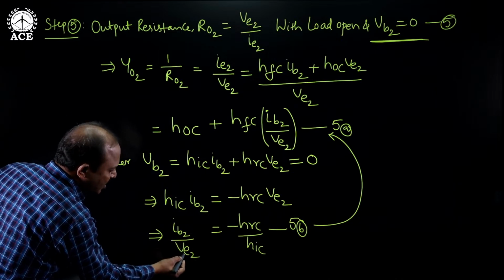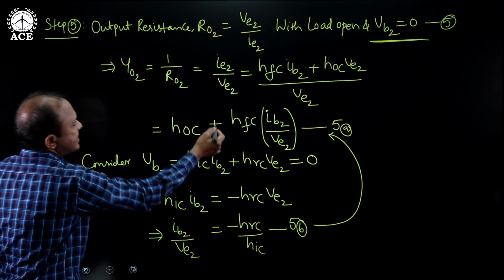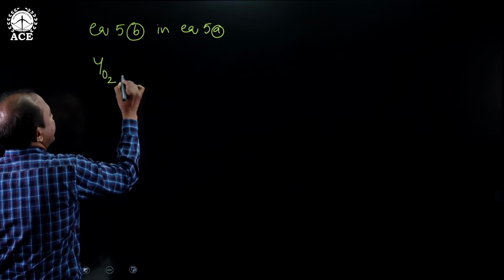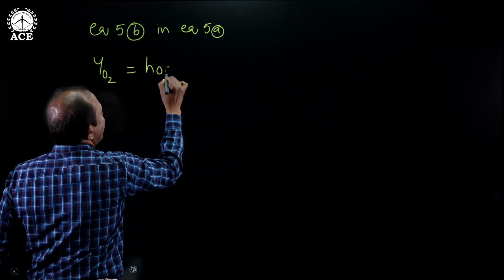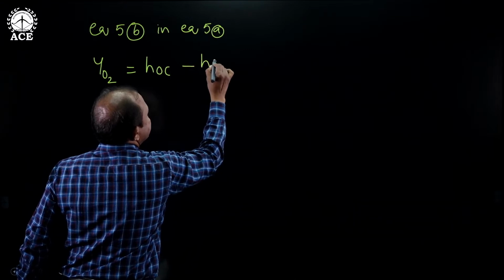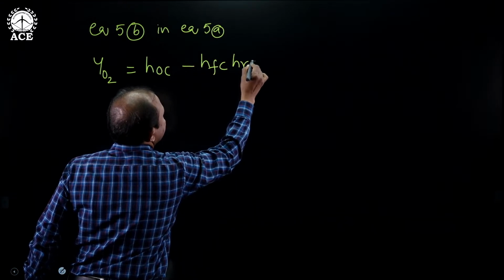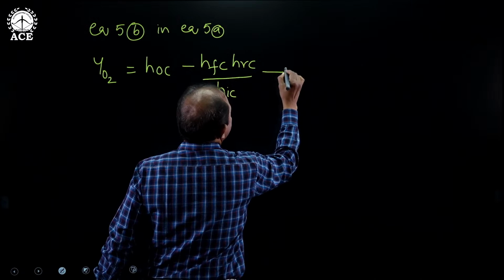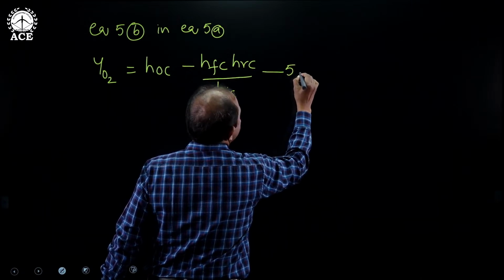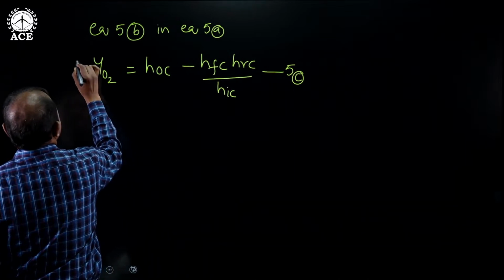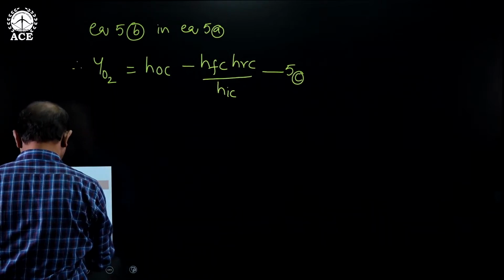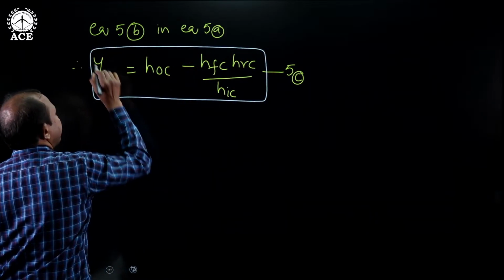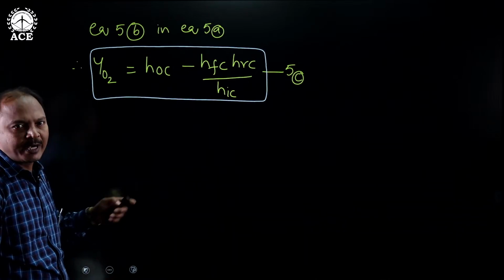Just now in 5b we got IB2 by VE2 equal to minus HRC by HIC. Let us substitute that in that equation. Y02 equal to HOC minus HFC HRC by HIC. This is the accurate equation for output admittance.